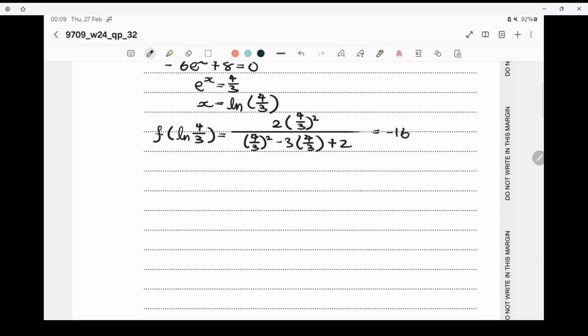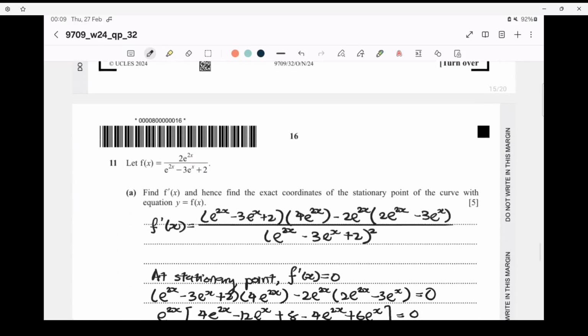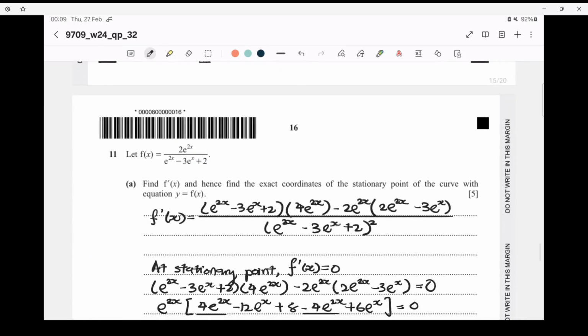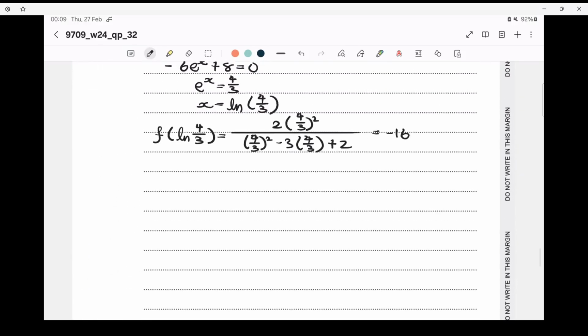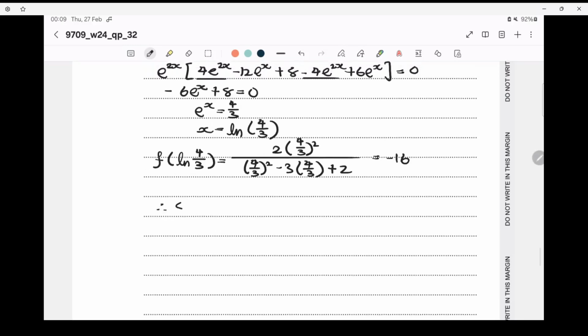So that is your stationary point. Find the exact coordinate of the stationary point. So the stationary point would be ln 4 over 3, minus 16.